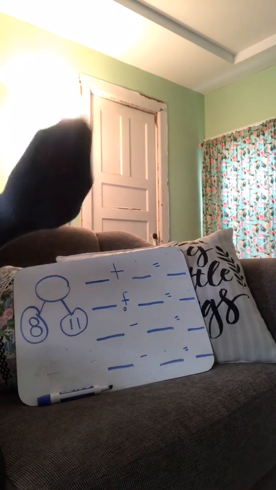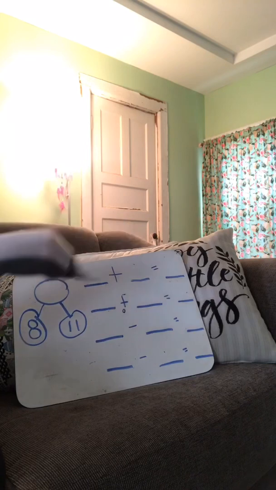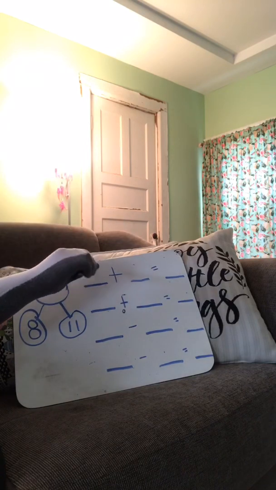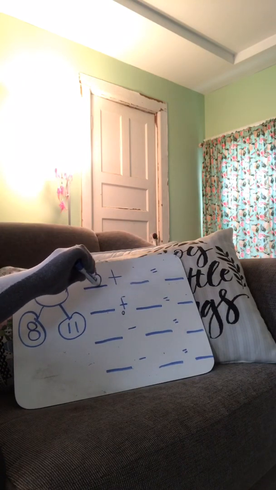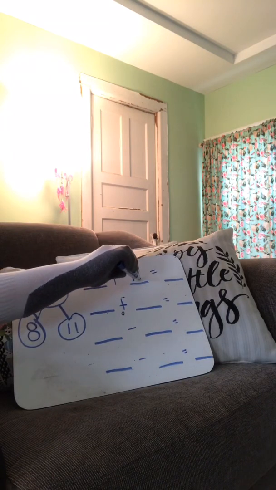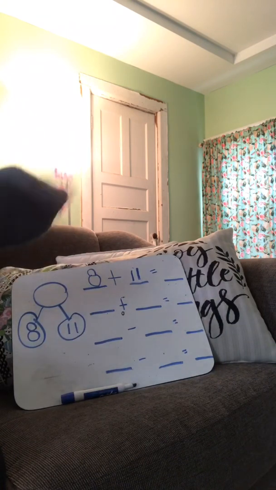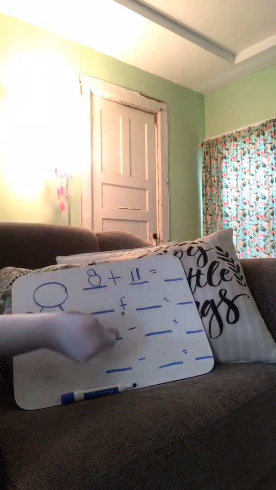Let me help start you off. Remember, the buddies go in the buddy spots. So, we're going to put 8 in this buddy spot and 11 in this buddy spot. Remember, your task is to figure out the total and write all 4 facts in the fact family.